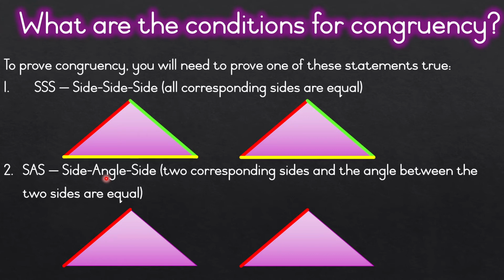Then I need an angle, there I have an angle. Then I have another side. So just remember, when we say side, angle, side, it literally is in the order. You can't say side here, that angle, and this side. No, it has to be the angle that falls next to or in between the two sides. Okay, so we have side, angle, side.